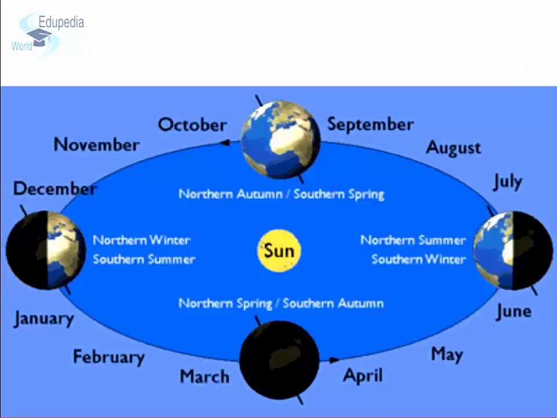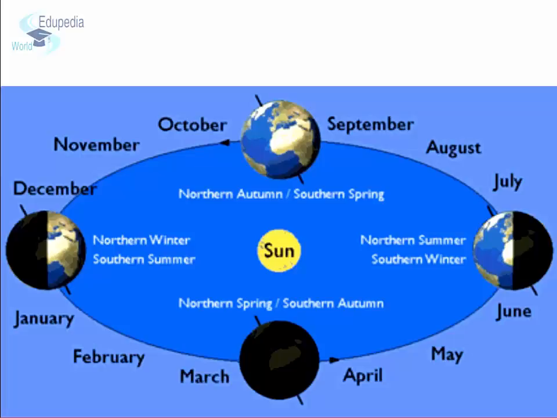We know that the Earth's axis is inclined to its orbital plane, so the Earth is always slightly tilted in the same direction as it revolves around the Sun. This makes each of the northern and southern hemispheres tilt towards the Sun during half the year, 6 months, and away from the Sun for the next half year.